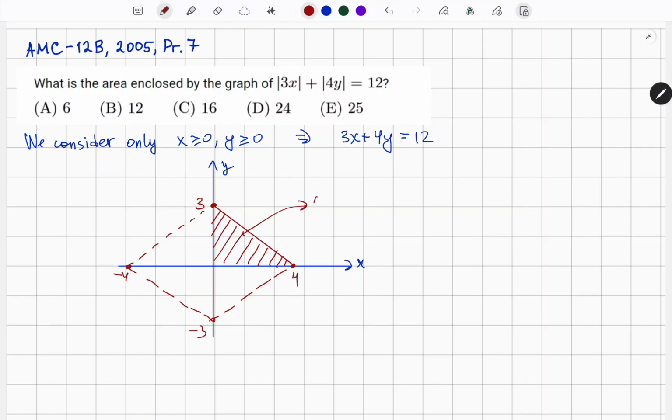So the area of this triangle is a half times base 4, height 3, so it is 6. So we have 4 identical triangles. 6 times 4 is 24. So the area is 24. So it was a substantially easier problem. Then we can move on.